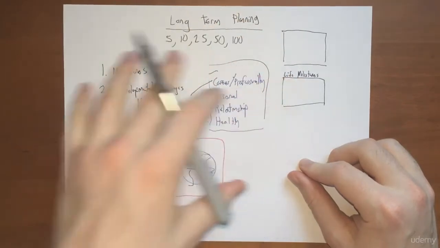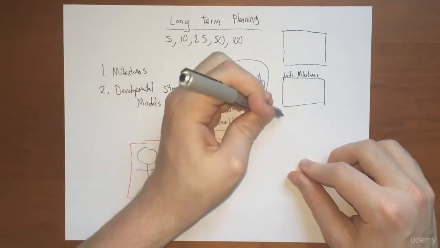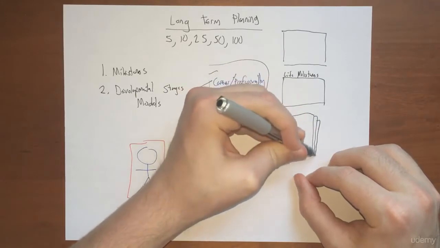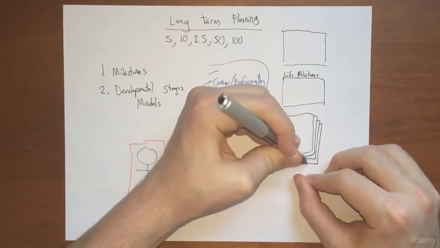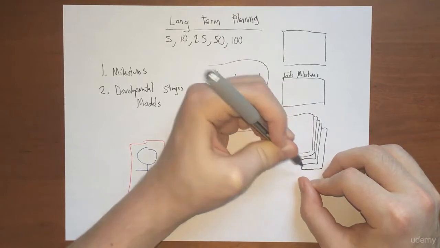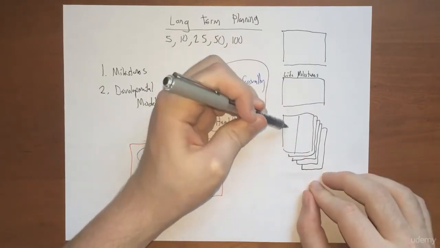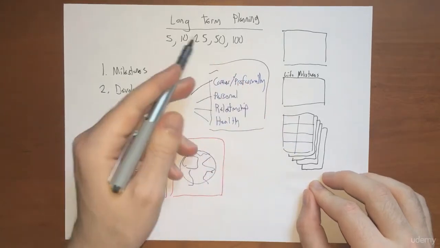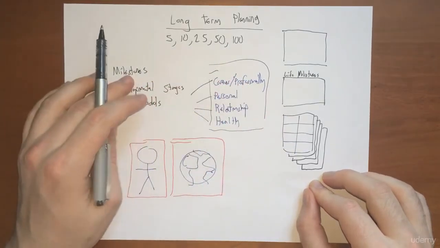Those are the big numbers, those are the big events in your life. And the third is a series of templates you're going to be able to print out and use that help you plan out at the 5, 10, 25, 50, and 100 year levels.